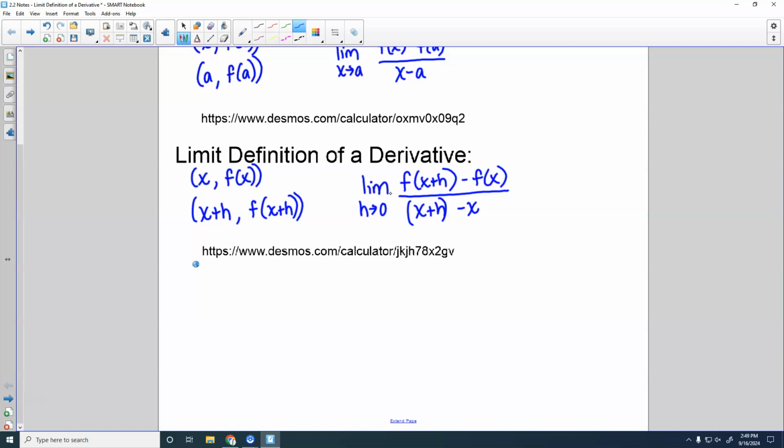Now, we could simplify this a little bit. Numerator you cannot do anything with. But what could you do in the denominator? The x and the negative x do cancel. There. The x and the negative x cancel. So the way that we usually see this written is limit as h approaches 0 of f of x plus h minus f of x all over h.